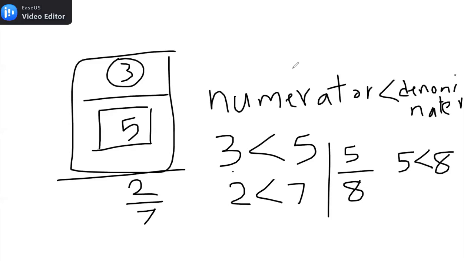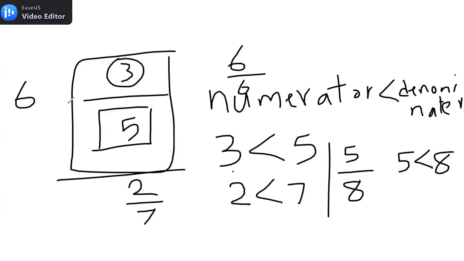Another one. Six over 6. Is it a proper fraction? No. Why? Because numerator 6 equals denominator 6.